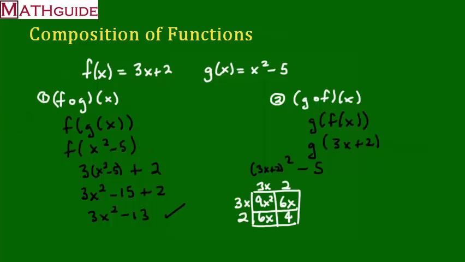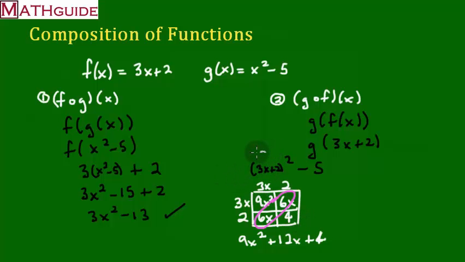Alright. Of course, you should know that you are going to combine some like terms. So what do we get? We get 9x squared. 6 and 6 makes 12x. And we've got the 4. Now don't be thinking that we're done with the problem. We're not.